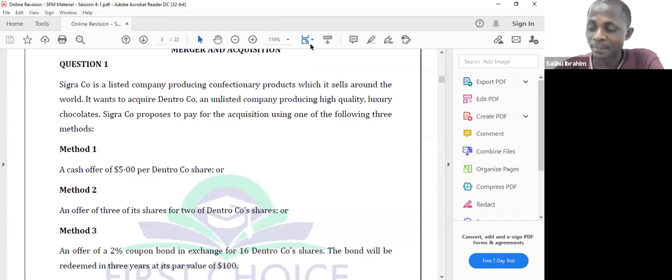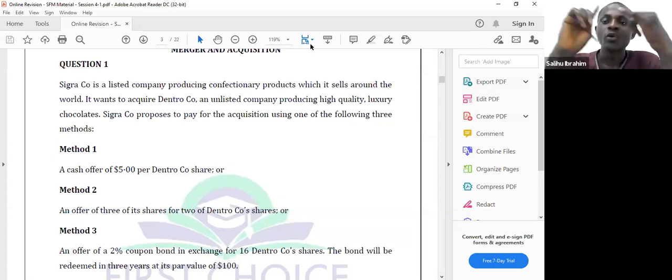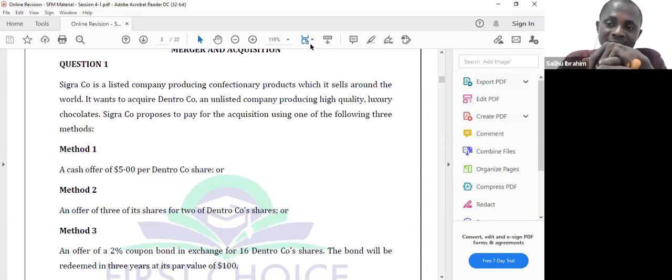Step one: compute the pre-acquisition market value of the two companies. What are we saying here? You are going to compute the market price of the individual companies in the merging arrangement.